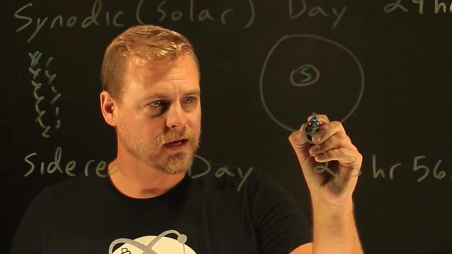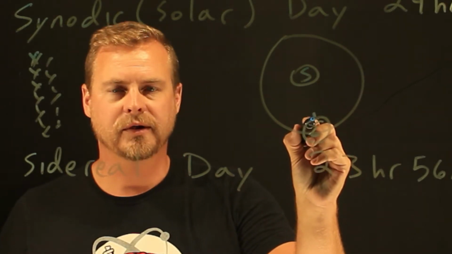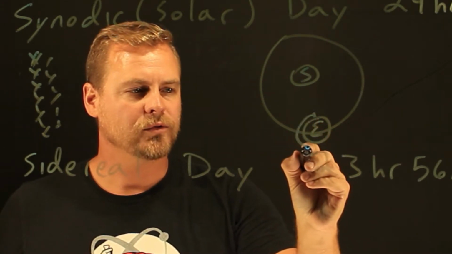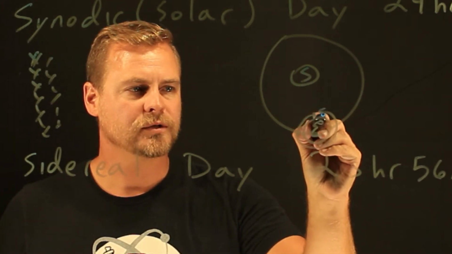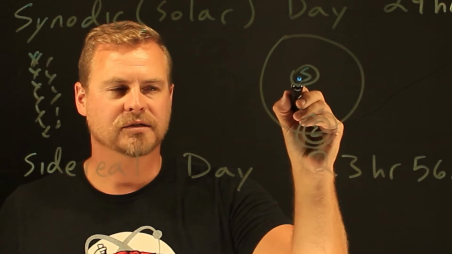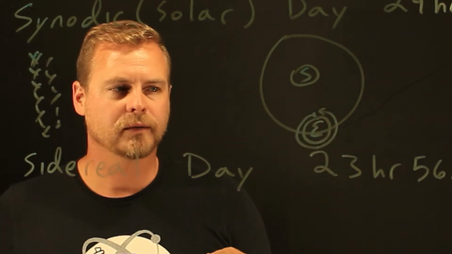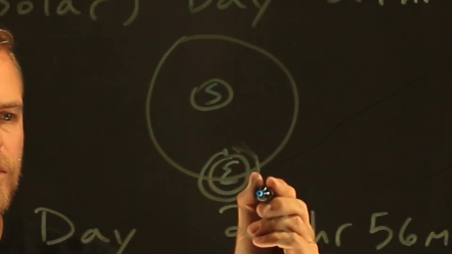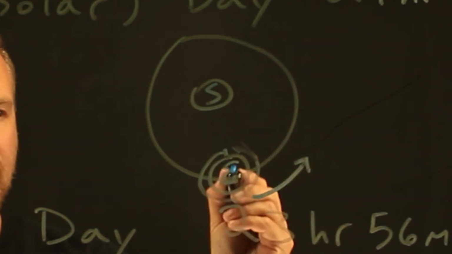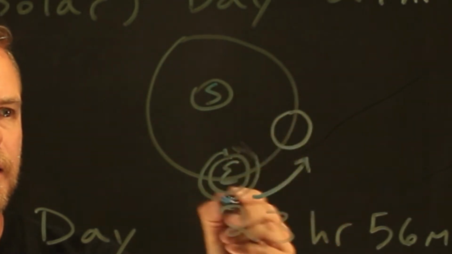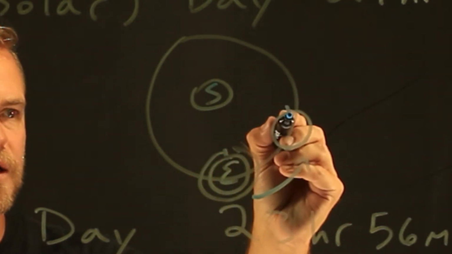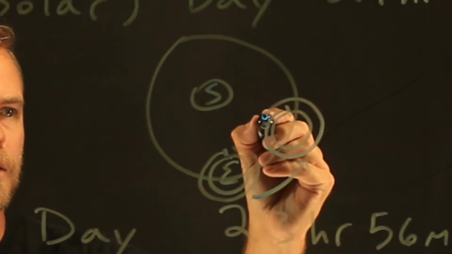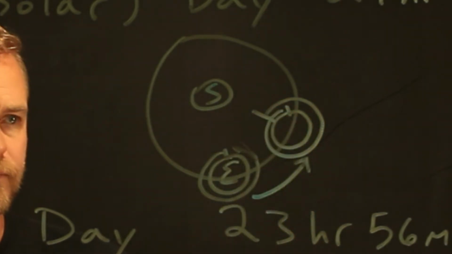So at this point right here, if I was standing at noon on the Earth looking directly at the sun and I wanted to rotate around and look straight back at the sun, that would be a 24-hour period. Now the problem is, as the Earth moves, I started looking here and I ended looking here.